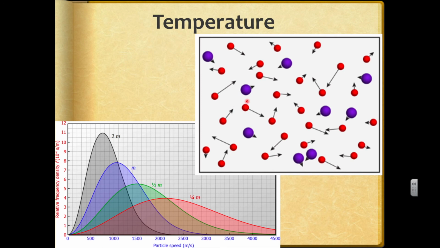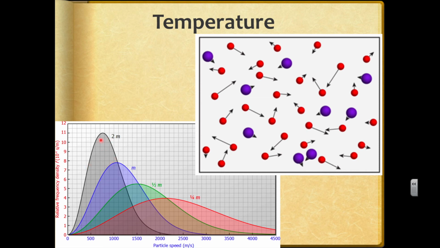And for temperature, you are seriously just going to speed them up. They hit each other more often, and therefore there will be more collisions. This is a good distribution of temperature right here. This would be the coldest one, and this would be the hottest one. And the coldest one is going to have its particle speed distribution.